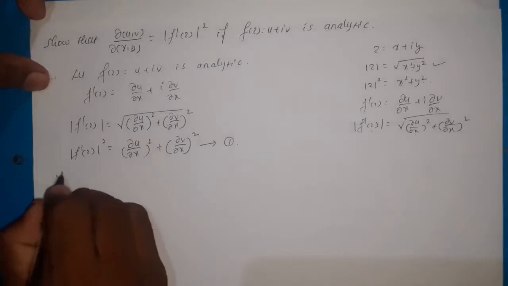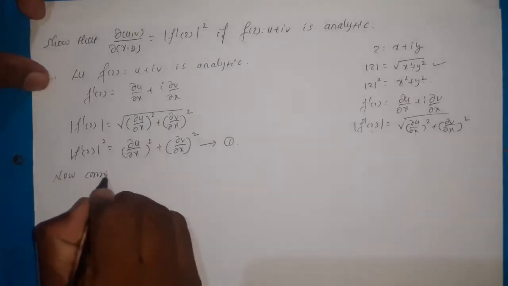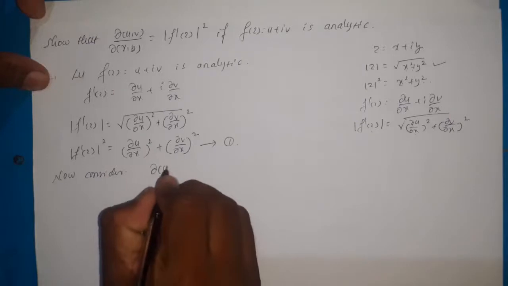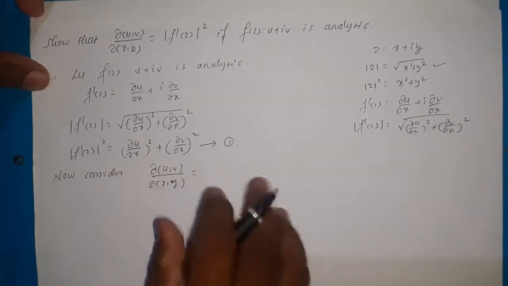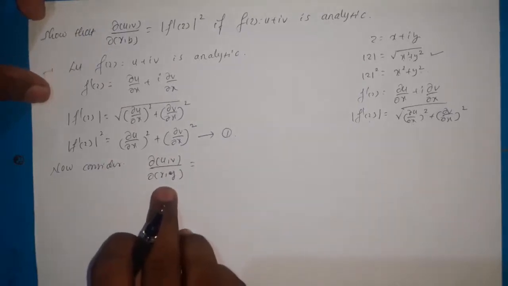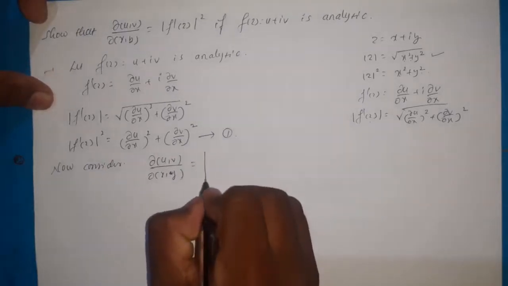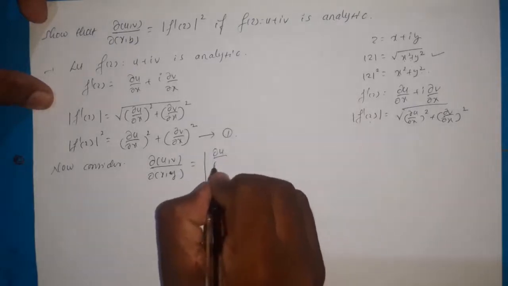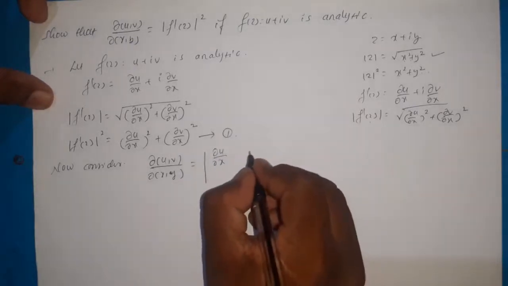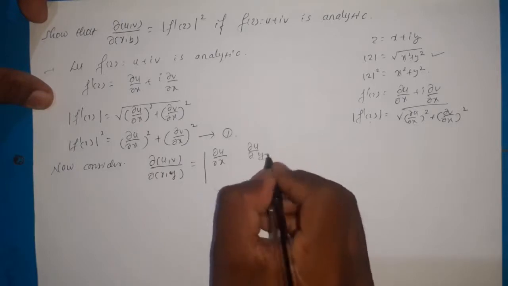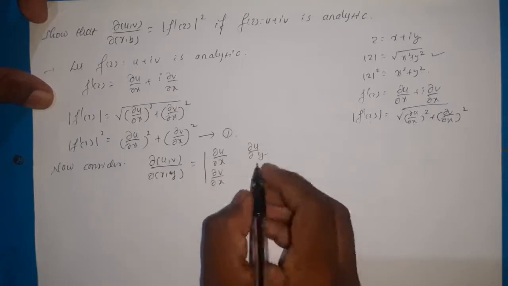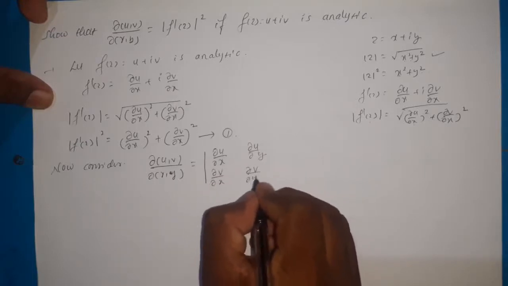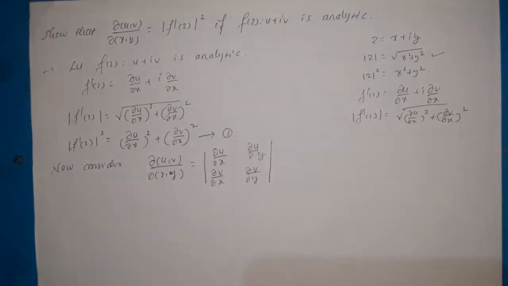Now consider ∂(u,v)/∂(x,y). So here this can be written as the determinant of ∂u/∂x, ∂u/∂y, ∂v/∂x, ∂v/∂y. So by using the Jacobian we have written this.